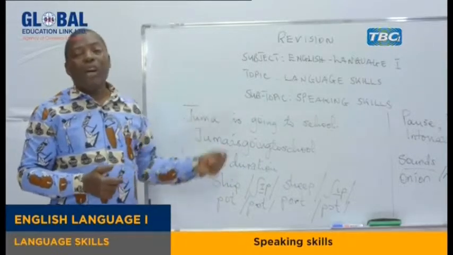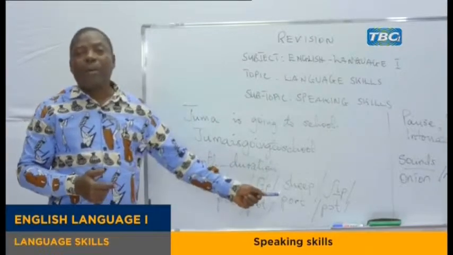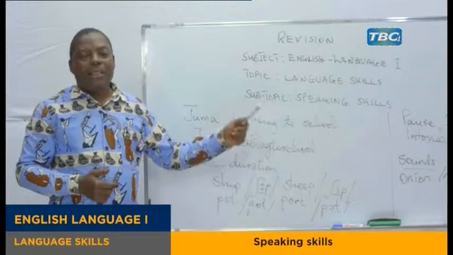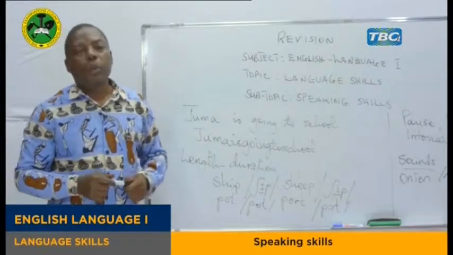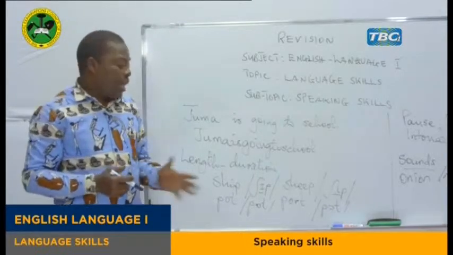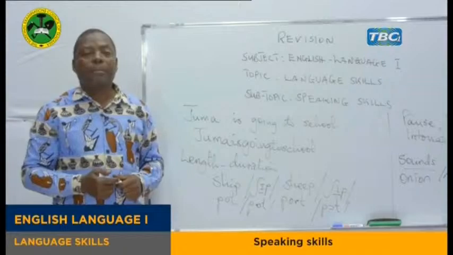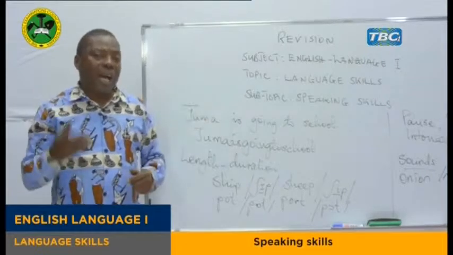There are a lot of words where it is only the length of the vowel sounds that can differentiate the meaning of the two. When you write, of course, there's no problem because they differ in the spelling. But when you speak, you find almost all sounds are the same.